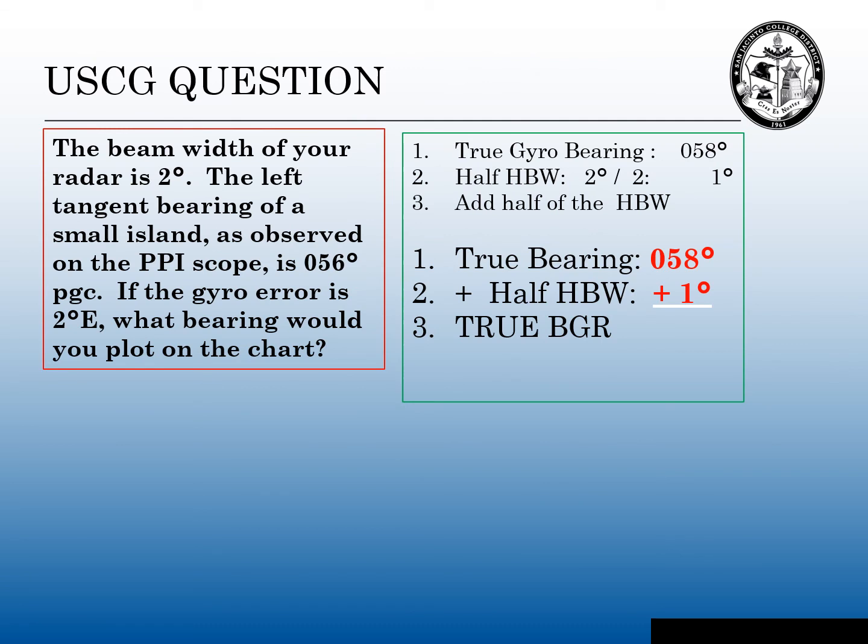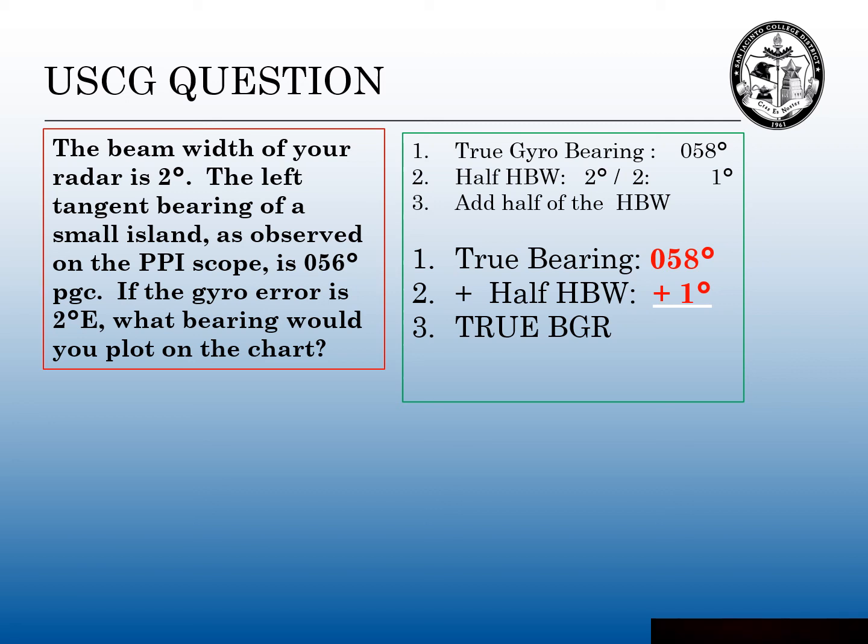So let's finish this question out. The beam width of your radar is 2 degrees. The left tangent bearing of a small island as observed on your PPI scope is 0.56 per gyro compass. If the gyro error is 2 degrees east, what bearing would you plot on your chart? We calculated that the true gyro bearing is 0.58 degrees. Half that 2 degree horizontal beam width was 1 degree.